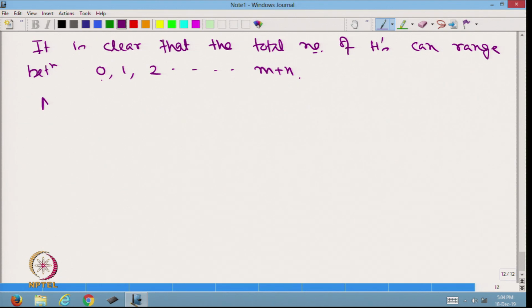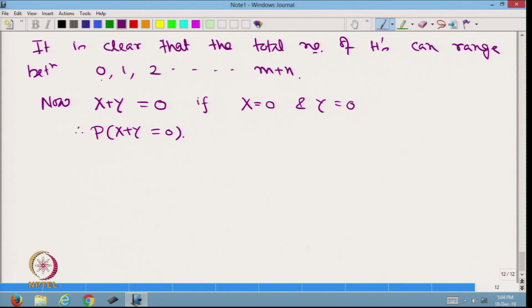Now, x plus y is equal to 0 if x is equal to 0 and y is equal to 0. Therefore, probability x plus y is equal to 0 is equal to probability x is equal to 0 multiplied by probability y is equal to 0, because these are independent events.